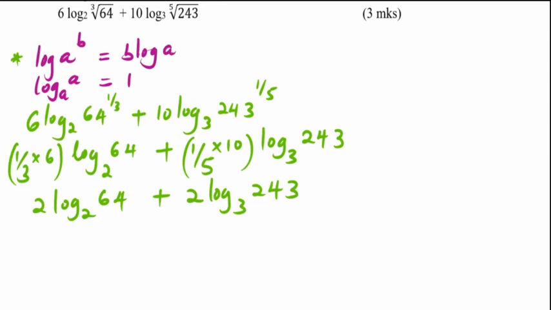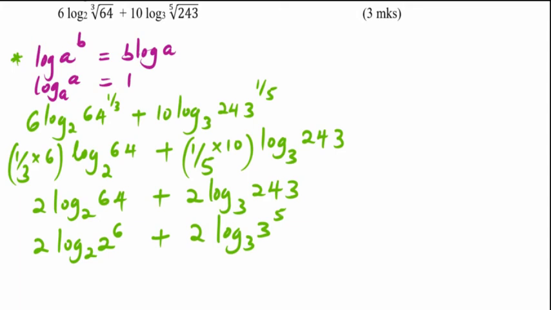The next thing we can do is express 64 in factor form. 64 is the same as 2 raised to power 6. And 243, expressed in factor form, is 3 raised to power 5.